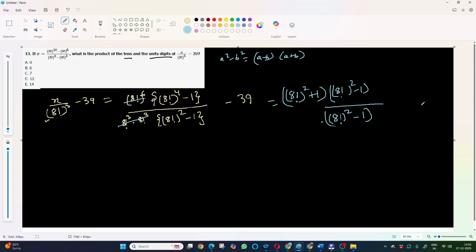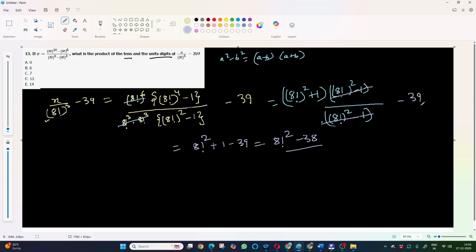So this cancels out with this one, and we also have a minus 39 here. All we are left with is 8 factorial squared plus 1 minus 39, which is nothing but 8 factorial squared minus 38.